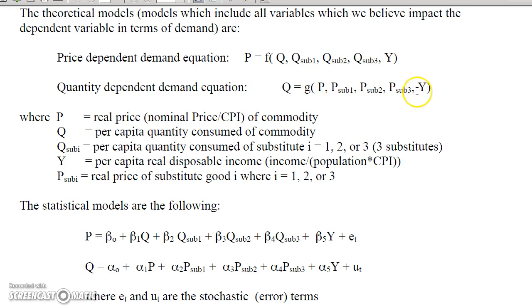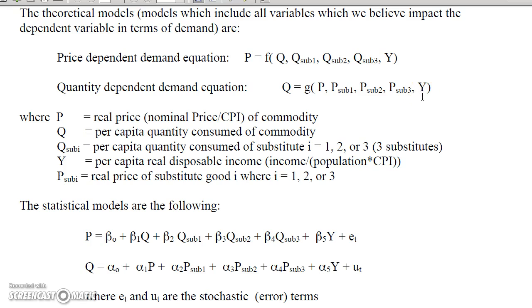That's how I should arrange the sequence of the columns in my Excel estimation. The first column should be real per capita consumption, and then on the right of this column, I should have the real price of chicken, the real price of the first substitute, second, third, and the real income.